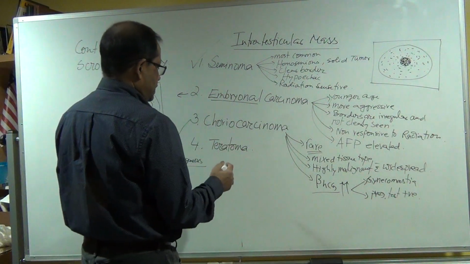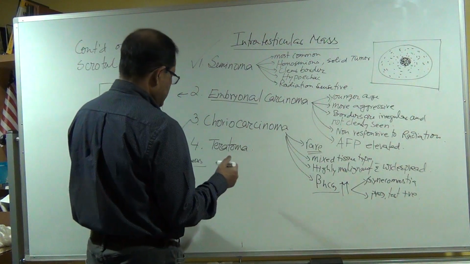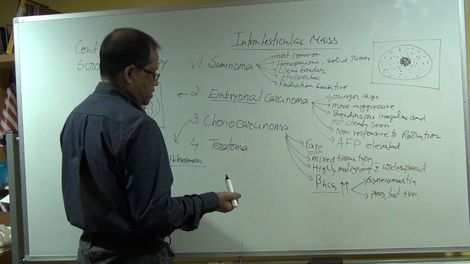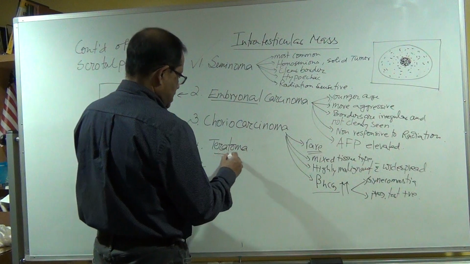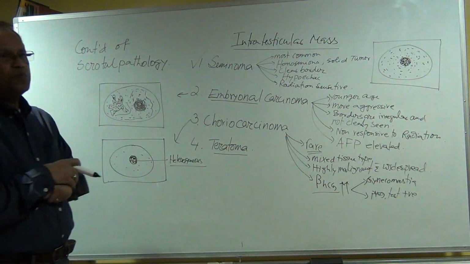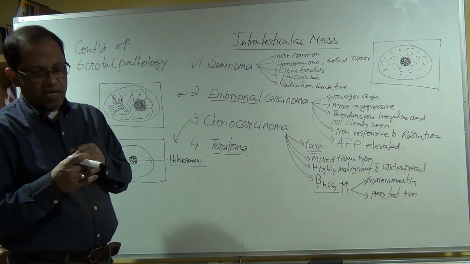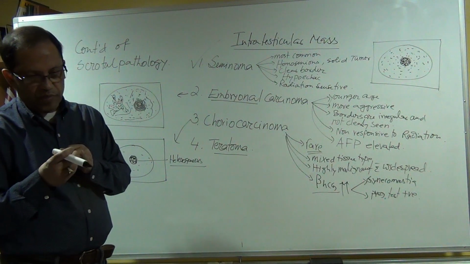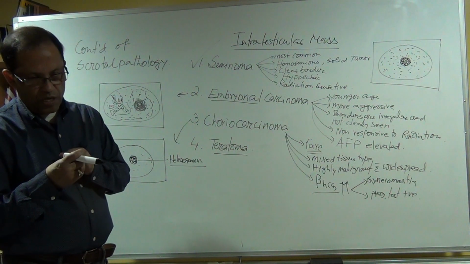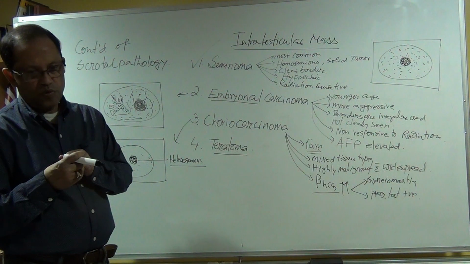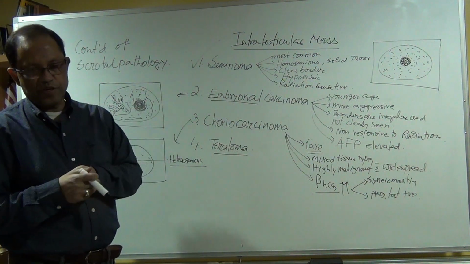Now teratoma. Teratoma is a germ cells tumor. What does germ cells mean? It comes either from ectoderm, mesoderm or endoderm, or a combination or mix.